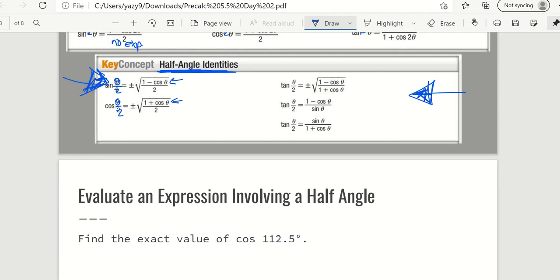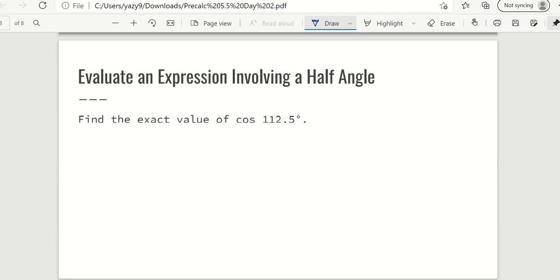All right, so moving along, let's tackle some of these problems by using the rules that I have just showed you. In this first one, you want to evaluate an expression involving a half angle. It's saying find the exact value of cosine of 112.5.